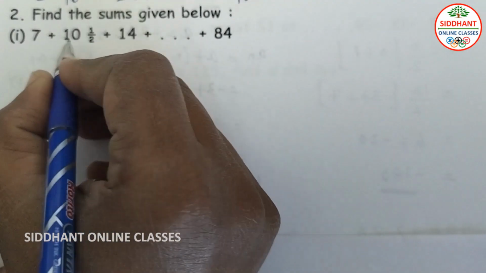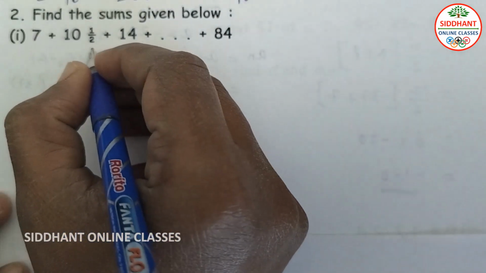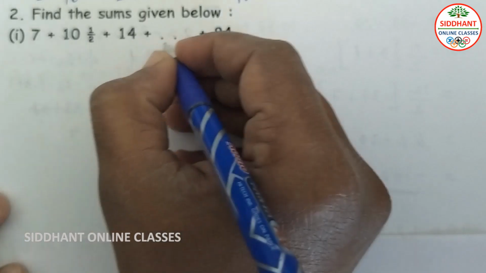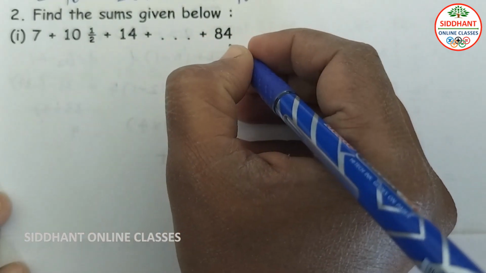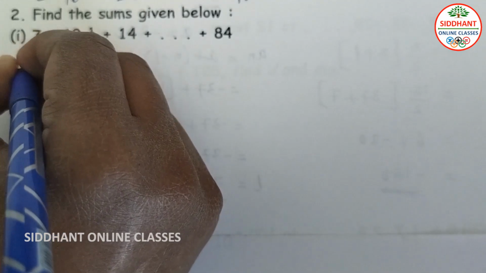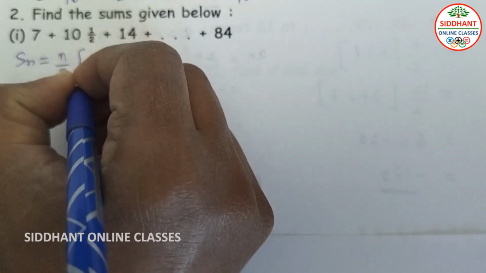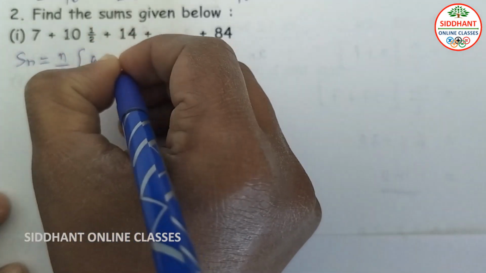Question number 2, find the sums given below. First one: 7 plus 10 1 by 2 plus 14 plus, up to 84. Here we are going to find the sum, that is Sn equal to n by 2 into a plus l.